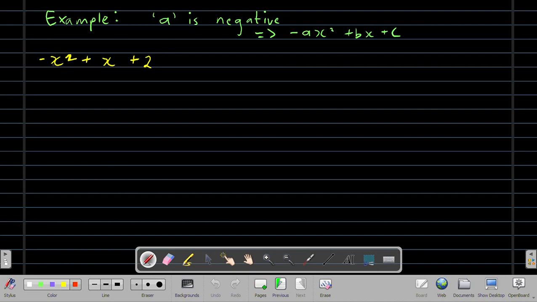The first thing you do here is factorize out the negative. You basically take out a negative 1 as a common factor.